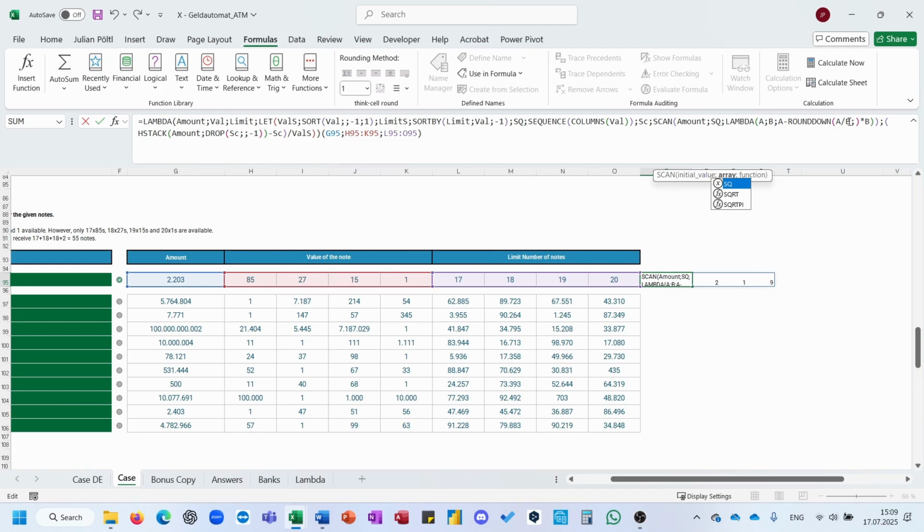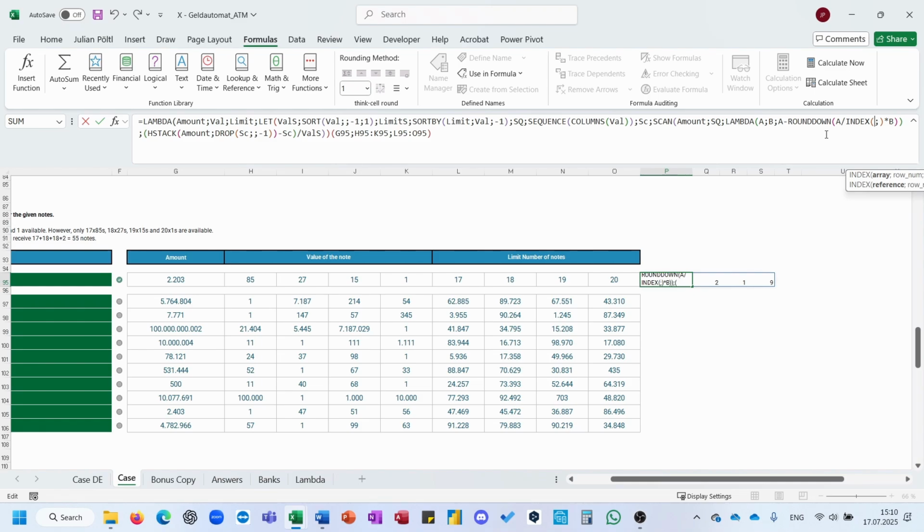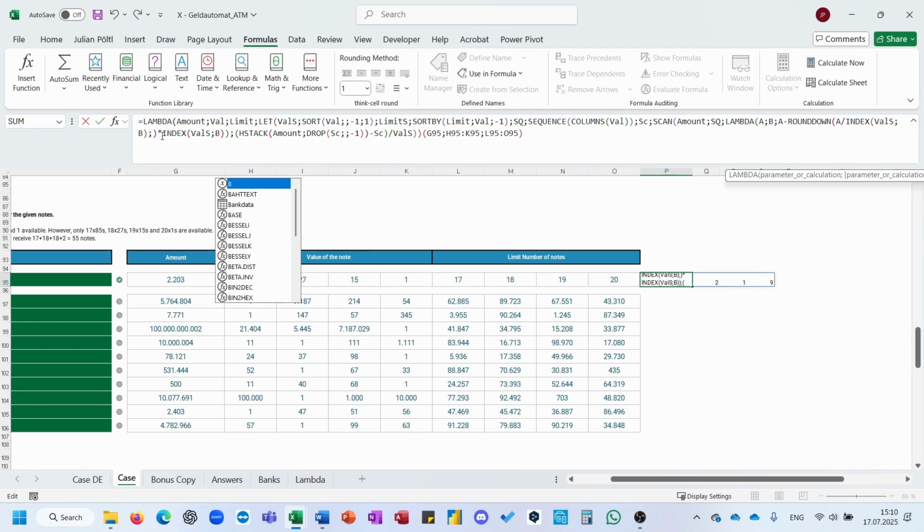And here I exchange my regular B now again against index. In this case, it is, was it the value or the, it's the value. So val s semicolon b close bracket. I also need to exchange the other b.